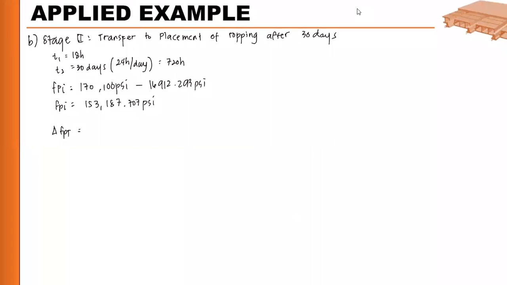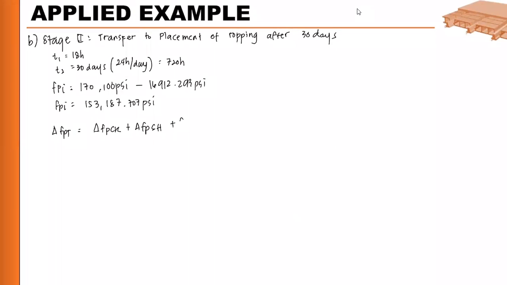Ayan. Then during second stage natin, ano na yung mga kailangan natin calculate? So during second stage, yung elastic shortening, hindi na natin kakalculate kasi kuha na natin yung value niya doon sa first stage. And then, magkakameron na tayo ng creep, no? Kasi lumipas na days, no? Then meron na din tayo niyang shrinkage. Okay?